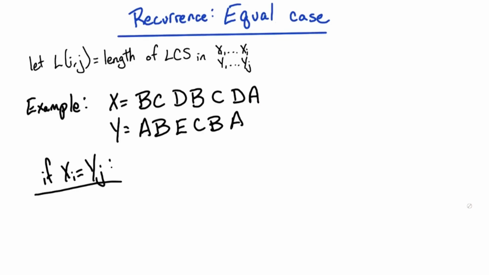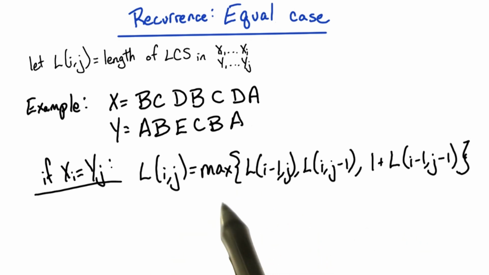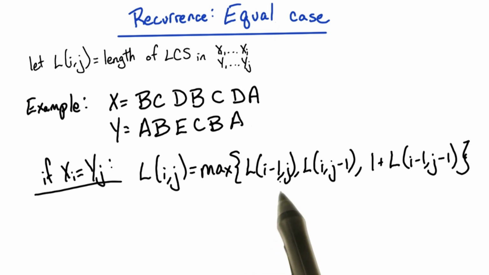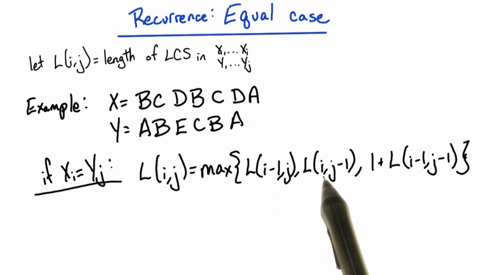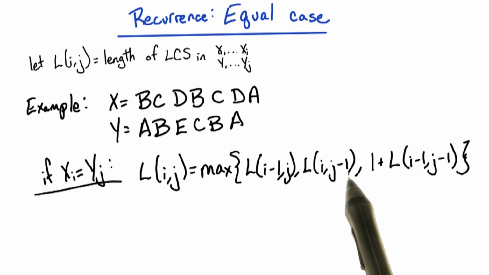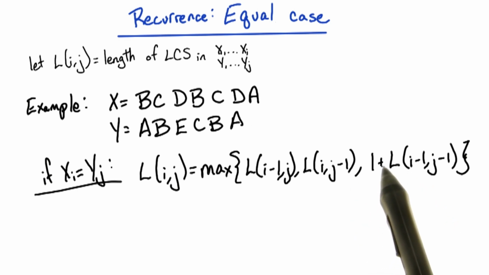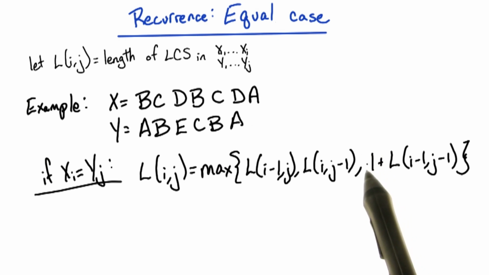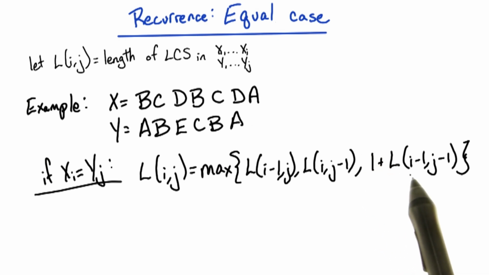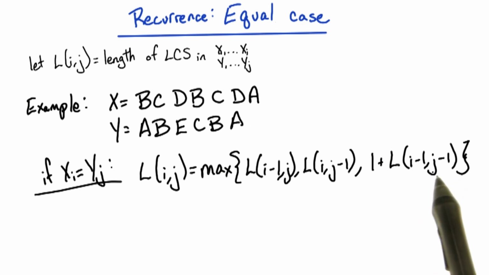So let's recap our recurrence for the case where xi equals yj. The last characters are the same in the two prefixes. Here we have three possibilities, and we're going to take the best of the three, therefore we take the max. We have L of i minus 1, j, which corresponds to dropping xi, L of i j minus 1, which corresponds to dropping yj, or we include xi, yj, the common character at the end, and we get a plus 1 for that, and then we take the optimal solution to this smaller subproblem, L of i minus 1, j minus 1.